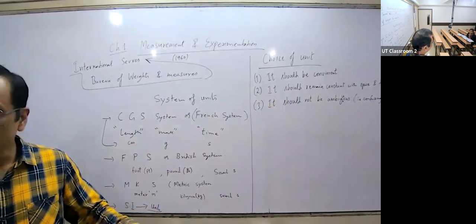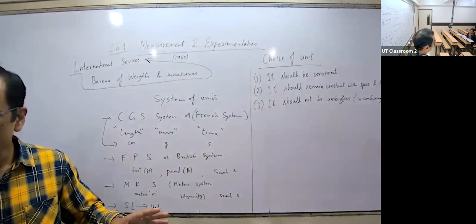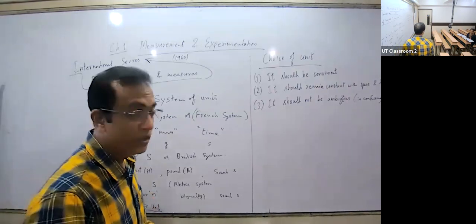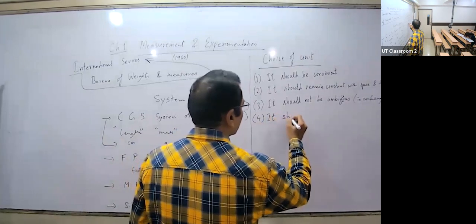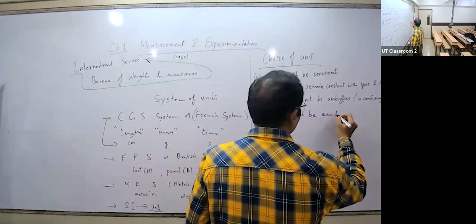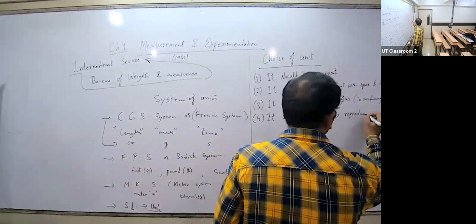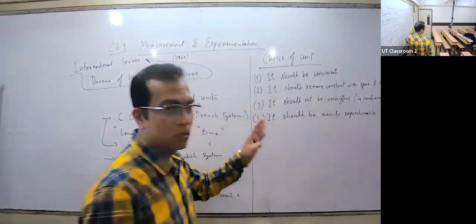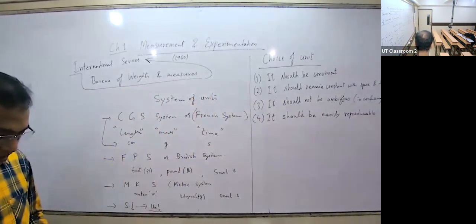With usage, wear and tear, sometimes the initial markings wear off. So it's time to change. So how can you change? It should be easily reproducible. So that you don't have any challenge in measurement. Is there any point which is not clear?